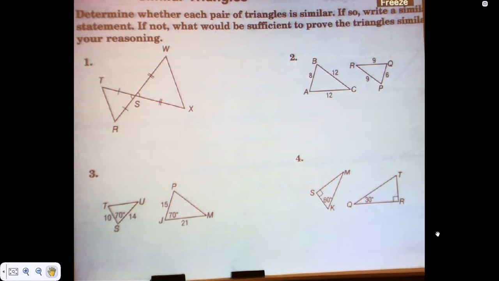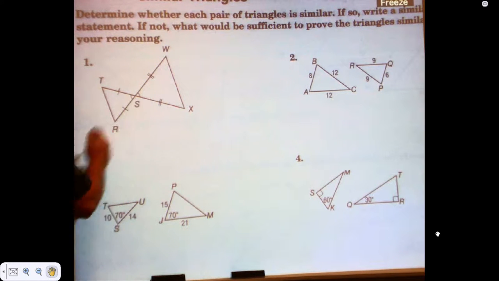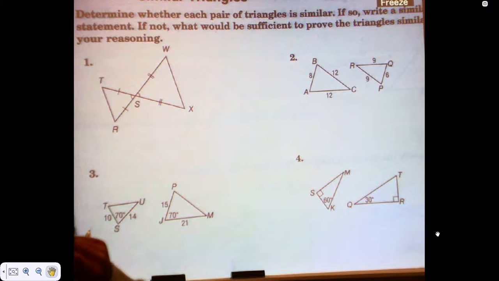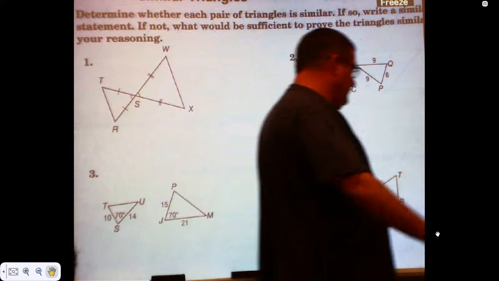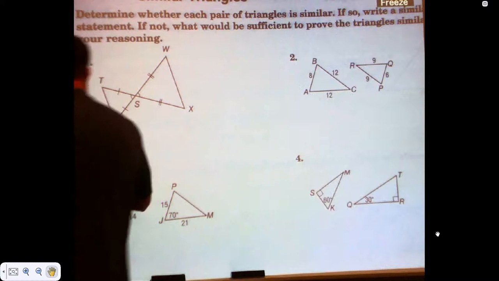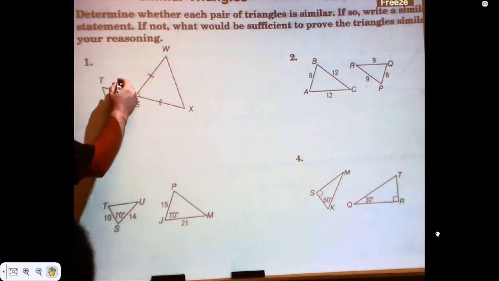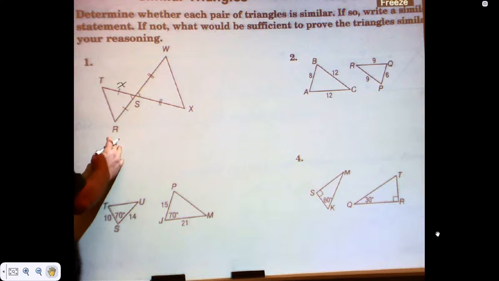Start out kind of tough on you. Looking at this right here, okay? And sometimes it'll help you to assign something as a variable. If I assign this an x, what would that be?